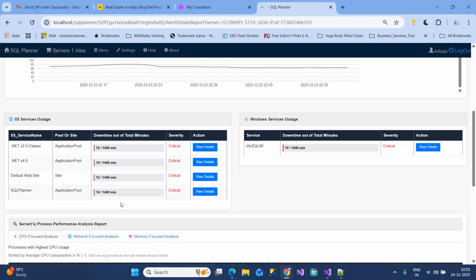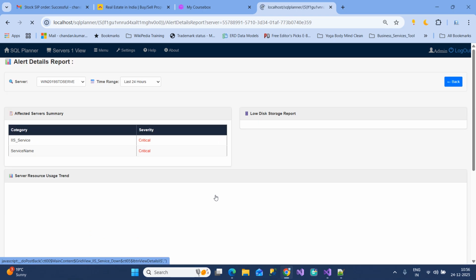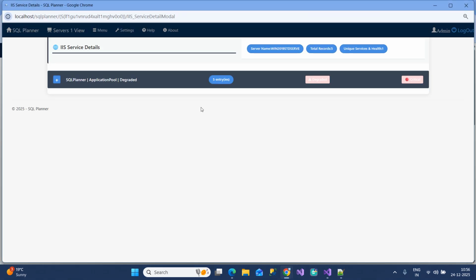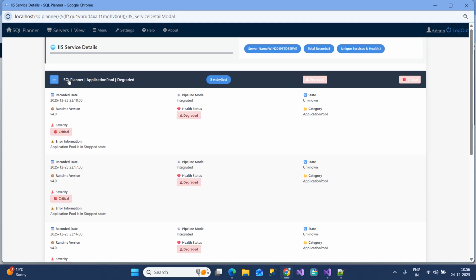If you are interested to know what went wrong with IIS, you simply click over details, and it will tell you this server has one unique service where something went wrong. If you click over it, it tells that the application pool was in a stopped state, it is critical in nature, and the health status was degraded.